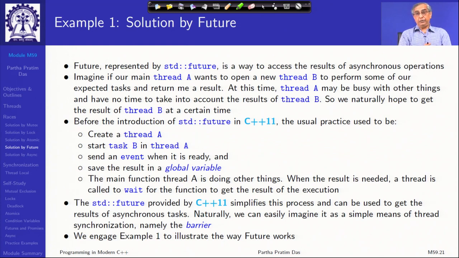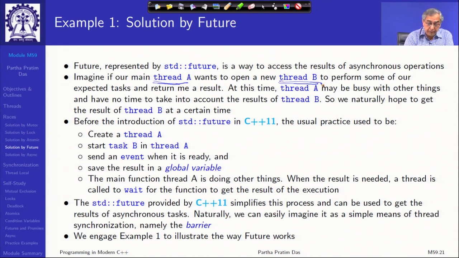Let us say thread A has a task to do which it has given to thread B, and meanwhile thread A is doing something else. Thread B is to perform that task and return the result. Thread A is not waiting for the result like join thread B, but it is doing its own work, and it will like to get the result in its own sweet time after B has computed it.